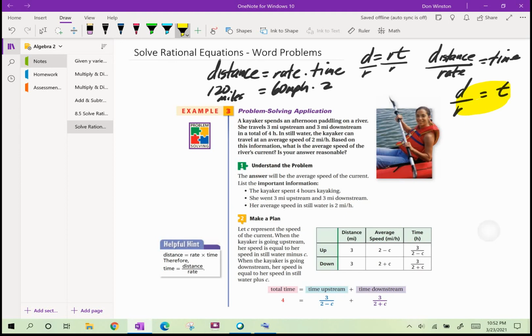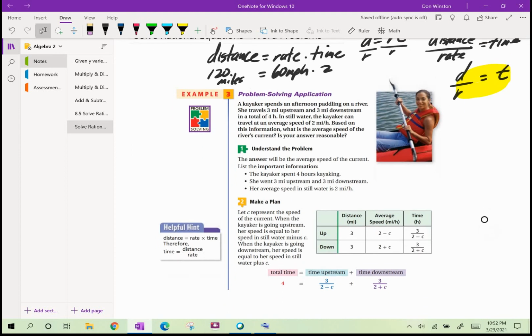Okay, so here we have a kayaker who is spending an afternoon paddling on a river. She travels 3 miles upstream and 3 miles downstream. So go 3 miles up and then 3 miles down. Now, she spends 4 hours in total traveling up and downstream.